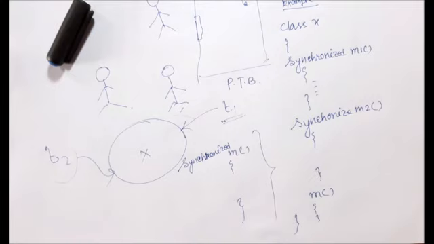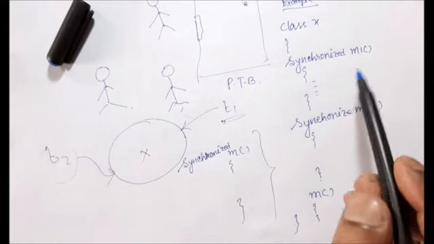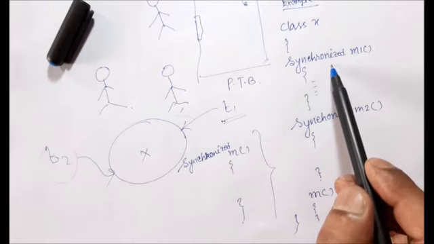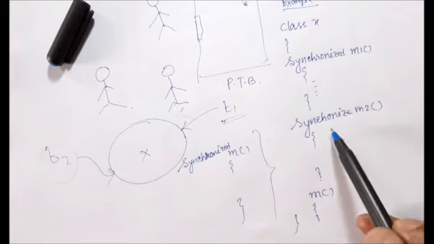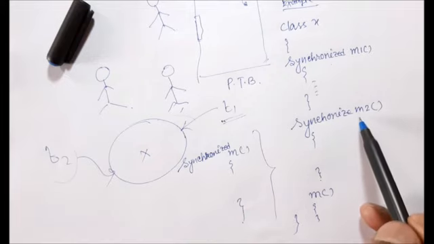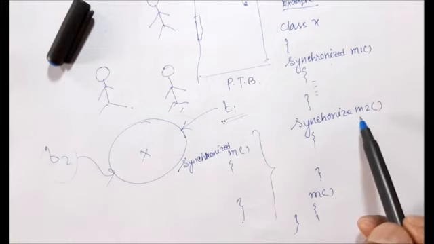Now the question is whether these methods M1 and M2 will be accessed by some other thread or the same thread at a time, based on the same object.